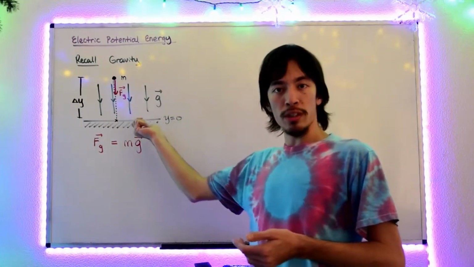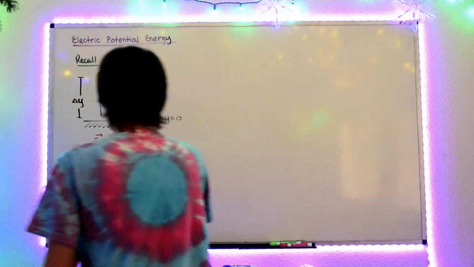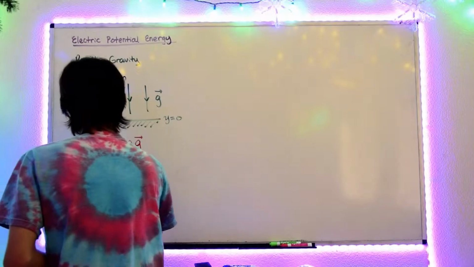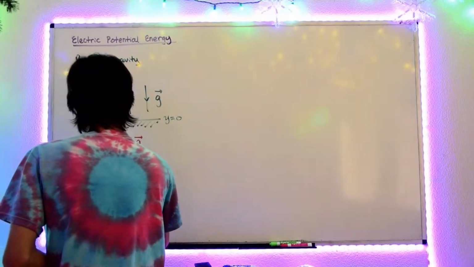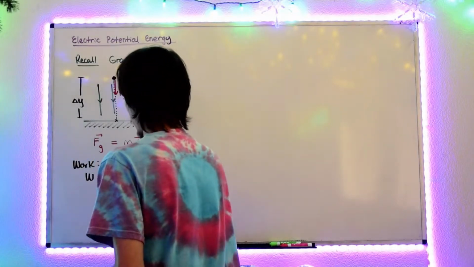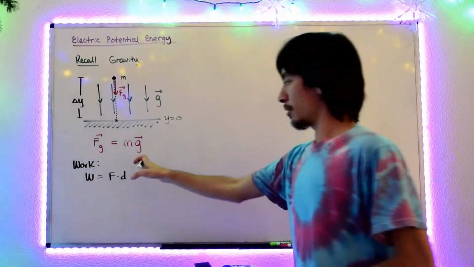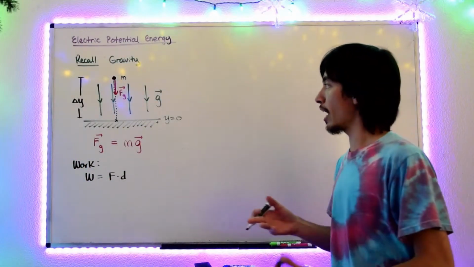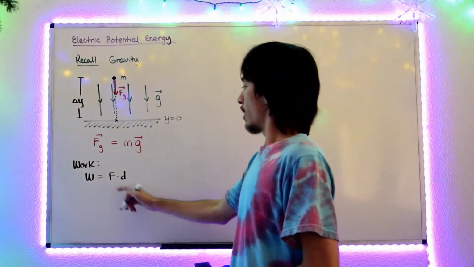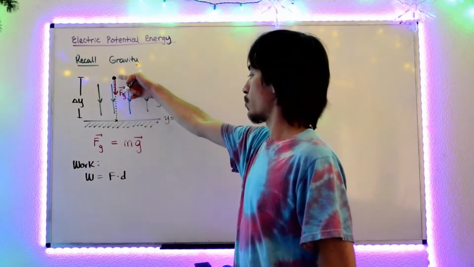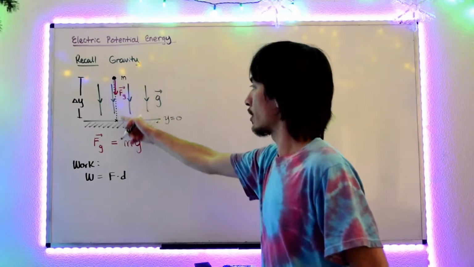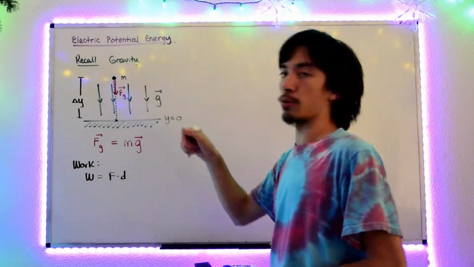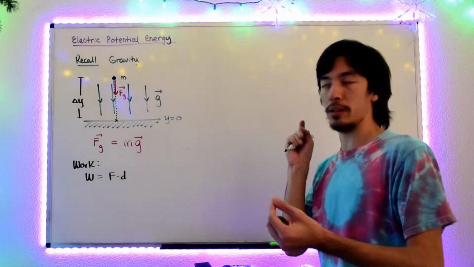We can find the work done by this by recalling that work is the product of force and some distance. It's a little bit more than this. It's actually a dot product which relies on an angle, but for now, let's just say that this is force times the distance we move parallel to the force. So the force is down, then we move a distance along the line of the force.